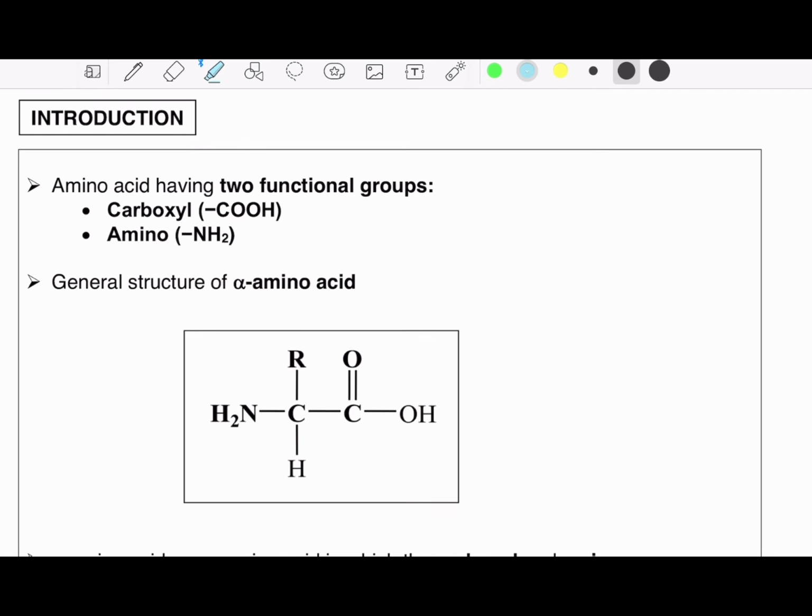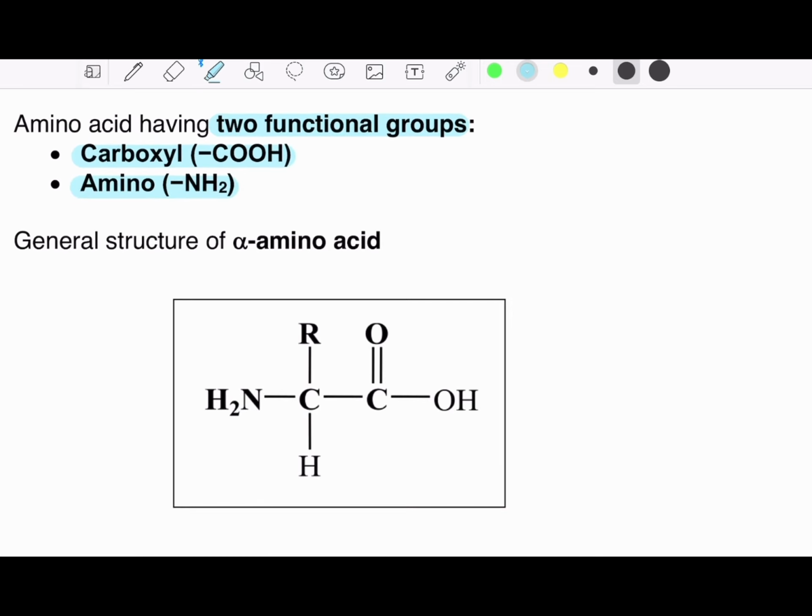Now let's see what an amino acid is. An amino acid is a compound with two functional groups. The first one is carboxyl, which is COOH, and the second one is amino, which is NH2. This is the general structure of an alpha amino acid.